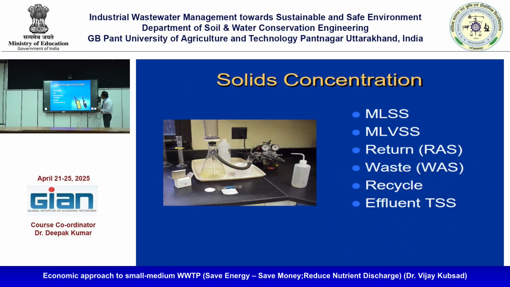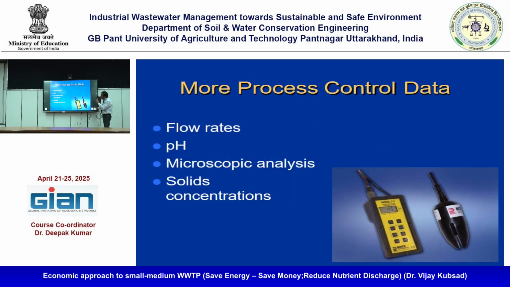So more process control data, you have to think critically how these affect, how we can vary the flow rates, pH. You should see what the different streams coming from different processes are. If an industry is there, there are different streams coming in.